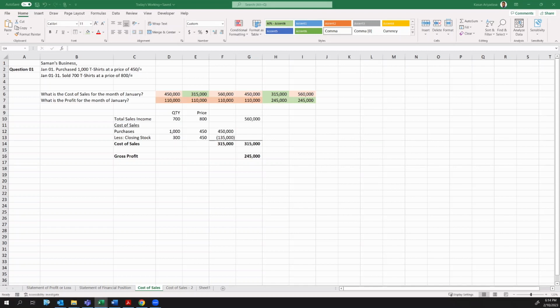You are required to calculate the cost of sales and profit for February.